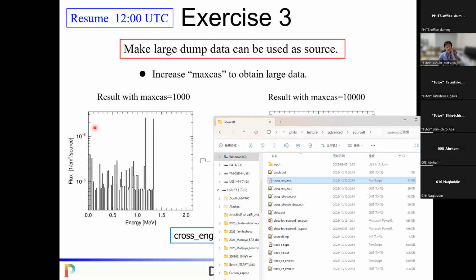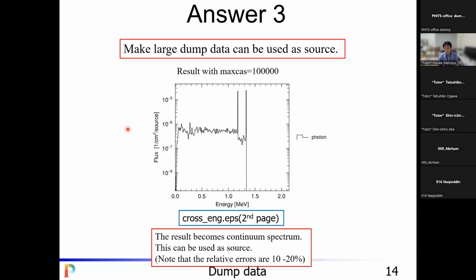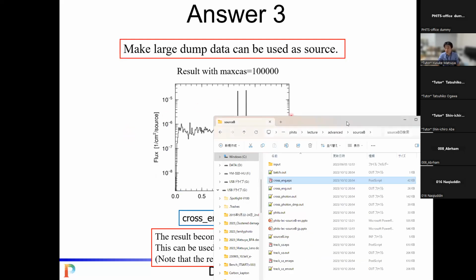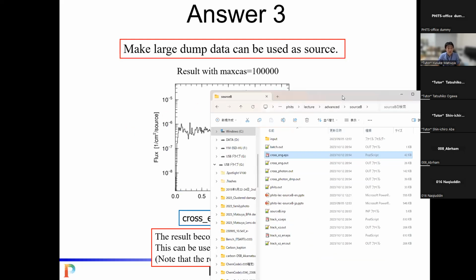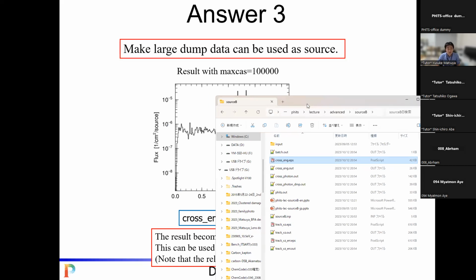Okay, this exercise is so simple, maybe easy. So let's do this exercise together. The answer is also shown on the next page. So seeing the answer, I will do exercise number 3. Here is the answer of exercise number 3.